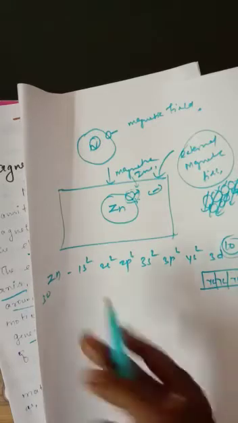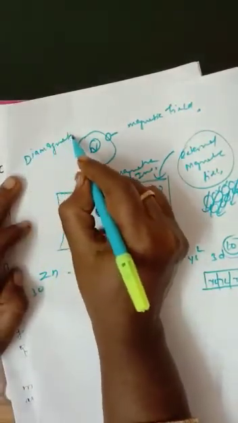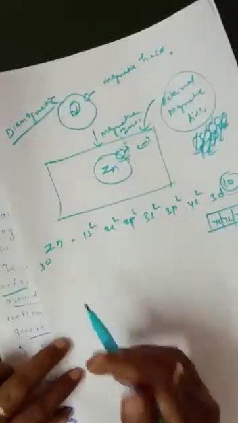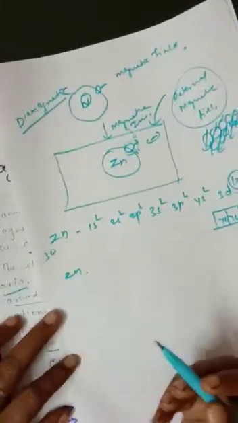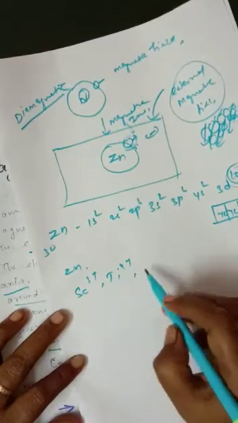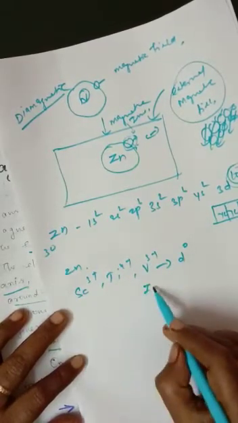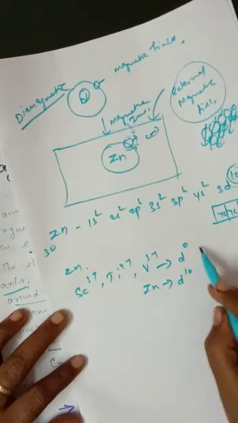This diamagnetic nature appears in transition elements such as zinc, as well as scandium, Sc3+, Ti4+ and V3+. These are d0 configurations, and Zn is a d10 configuration.